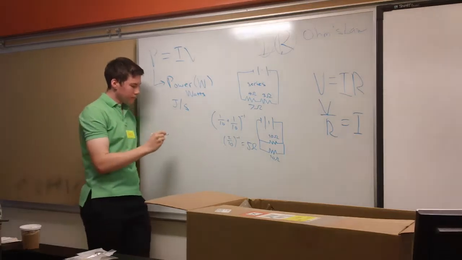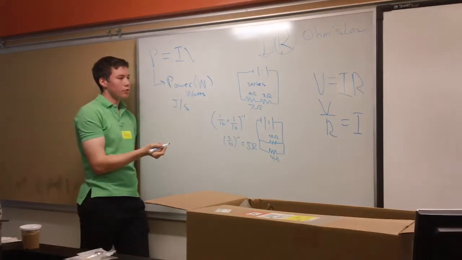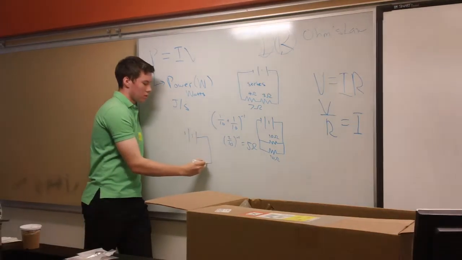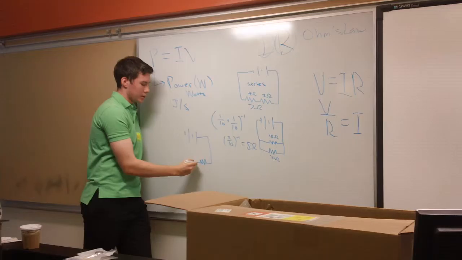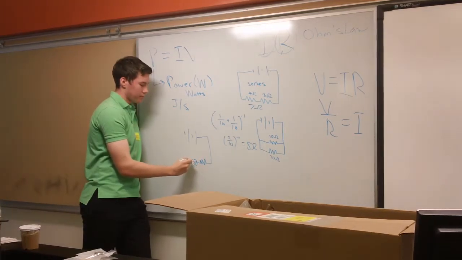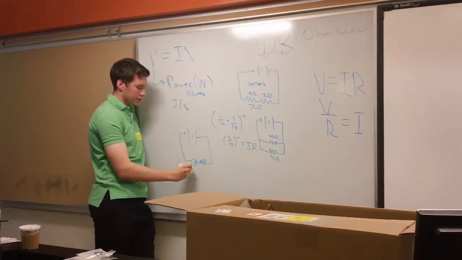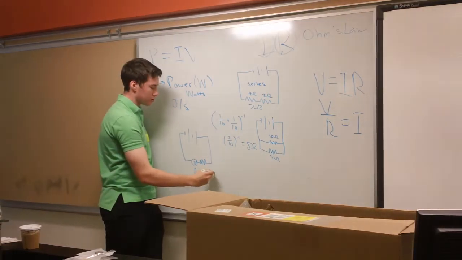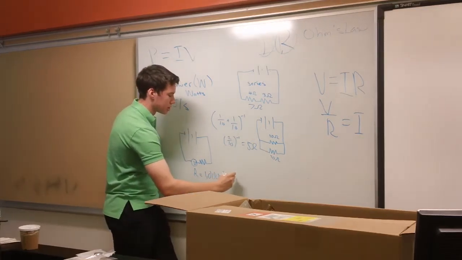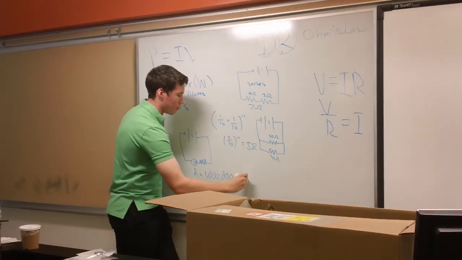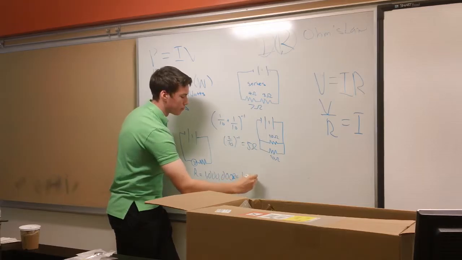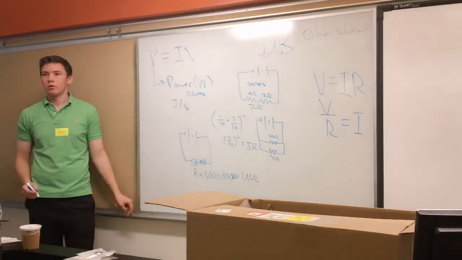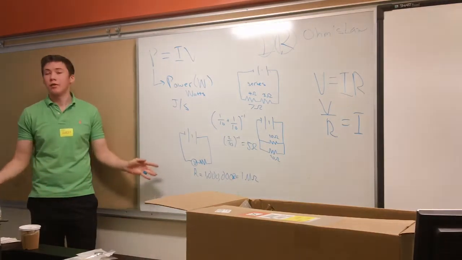So if I put the voltmeter in series, like this, and let's say that its resistance is like 1 million ohms, which is the same as 1 mega ohm, what's going to happen to the current in this circuit? It's going to go way down, almost nothing, right?